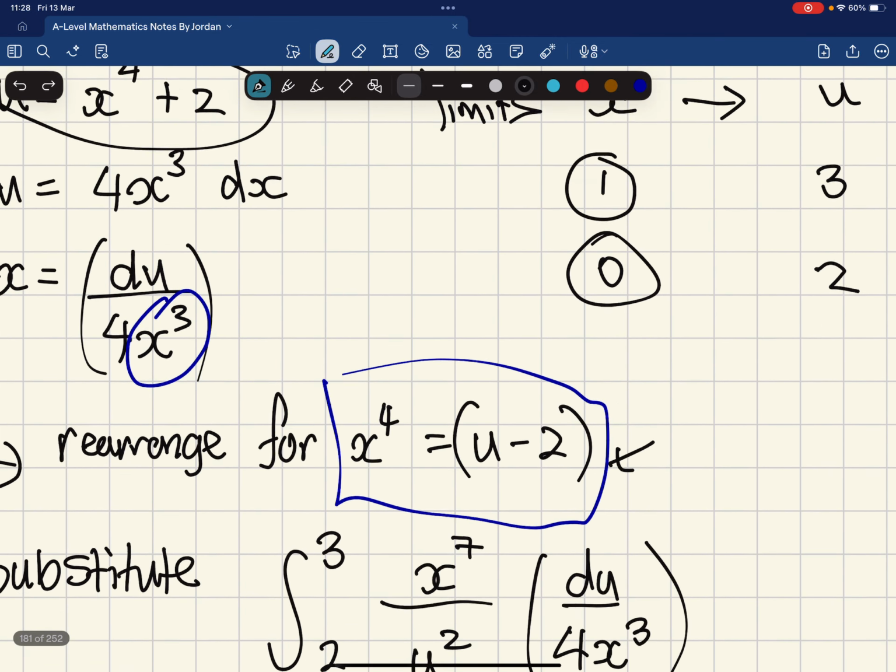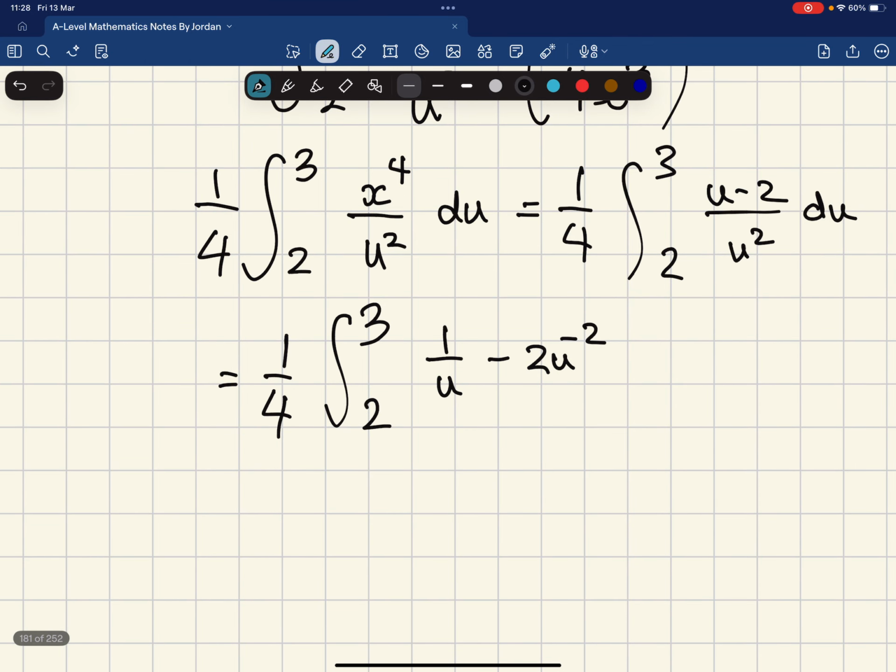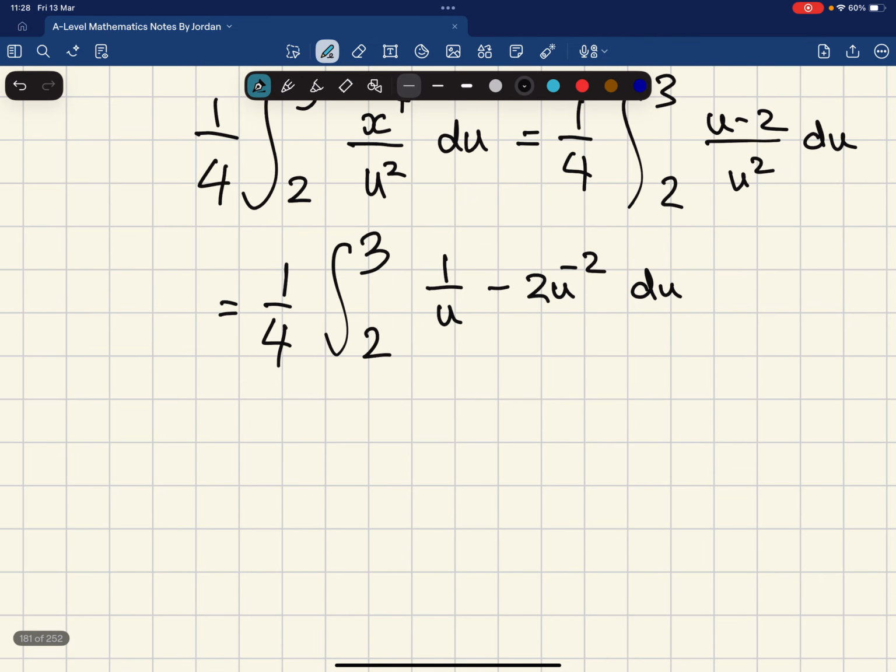Okay, so now the other bit, we have minus 2 divided by u squared, so that'd be minus 2u to the power of minus 2 du. Let's go ahead and do some integration. So we should get ln u for this one.